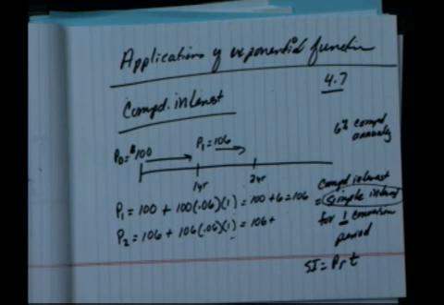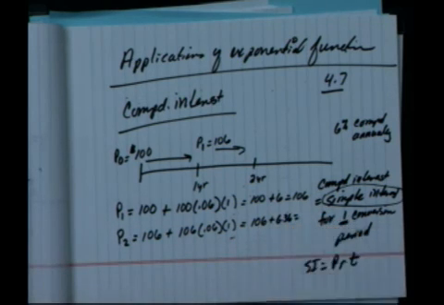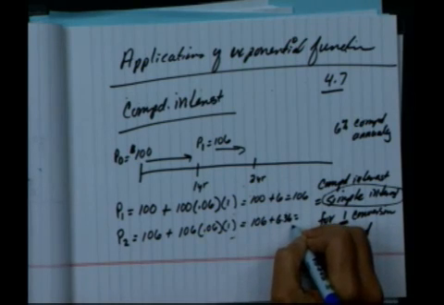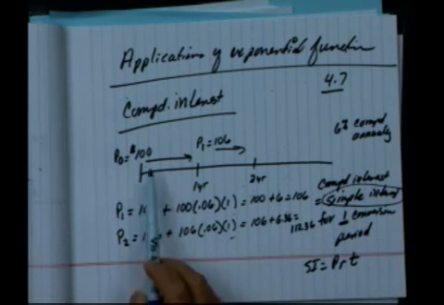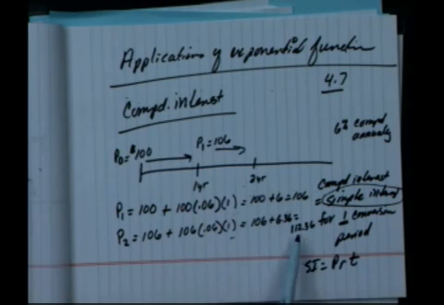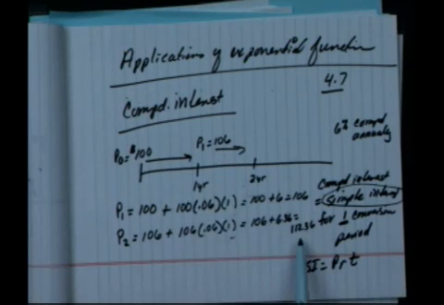So that's 106 times 0.06, $6.36. And when I add that together, that gives me $112.36. Compound interest means that you're earning interest on top of interest. So the first year you only earned $6, but the second year, because you left the money in there, you earned an extra 36 cents because you got interest on top of interest.